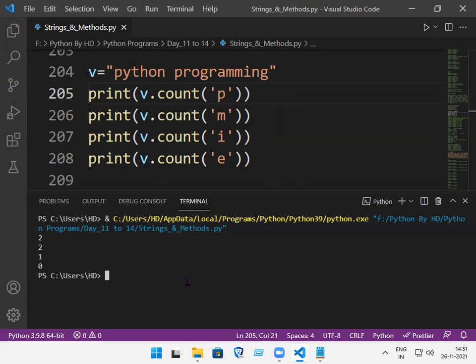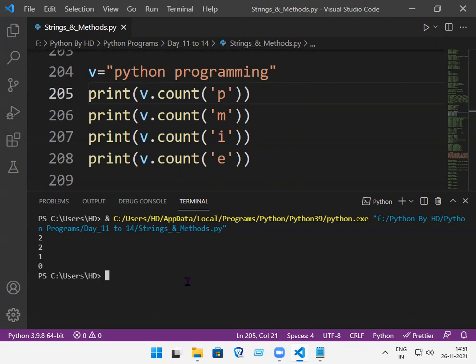So what is the difference between index, find and count? Make a note. You can write in your own words.